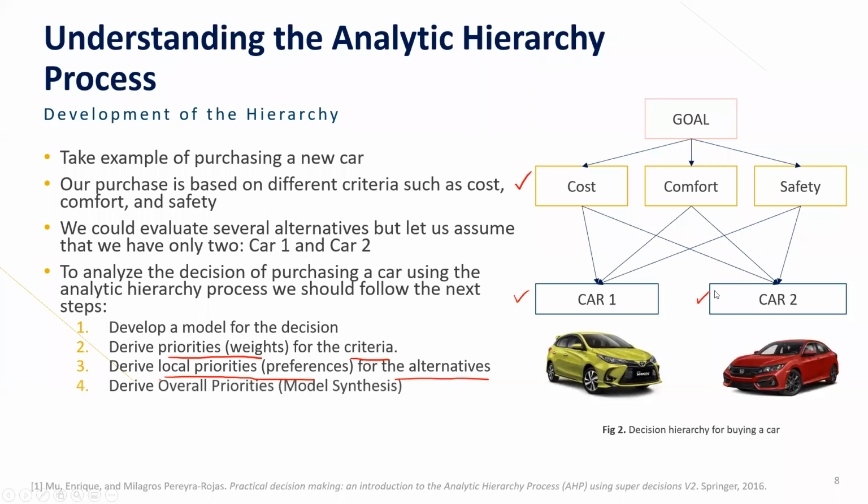After we have those two calculations, we will calculate the overall: first we only consider the criteria, second we only consider the alternatives, then we combine those scores and perform the model synthesis, to really see which one is better between this alternative and this alternative, considering the criteria.